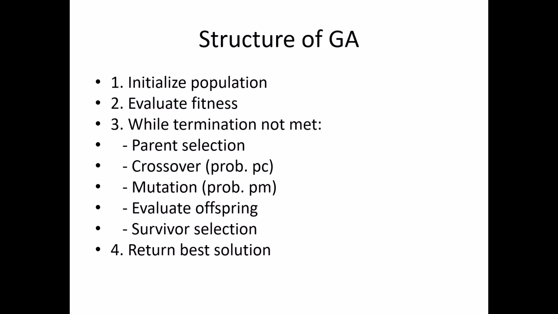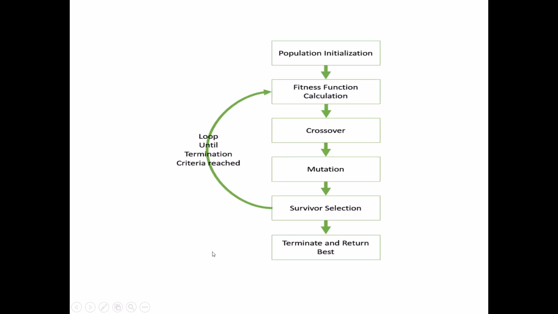This is the basic structure of the genetic algorithm: initialize the population and evaluate fitness, then while termination is not met, run the loop with parent selection, crossover, mutation, evaluating offspring and survivor selection, and finally return the best solution.